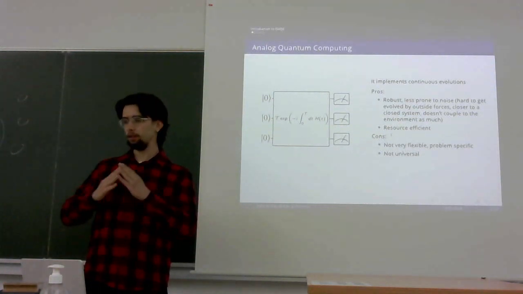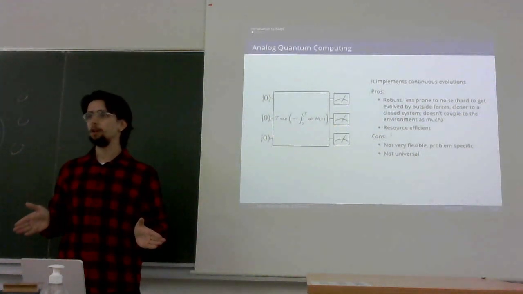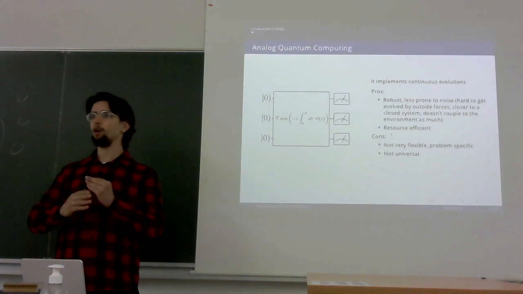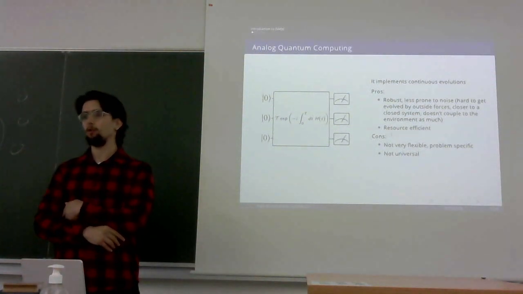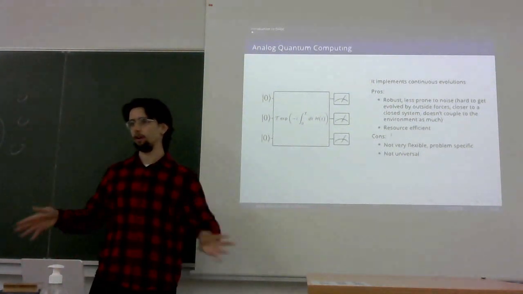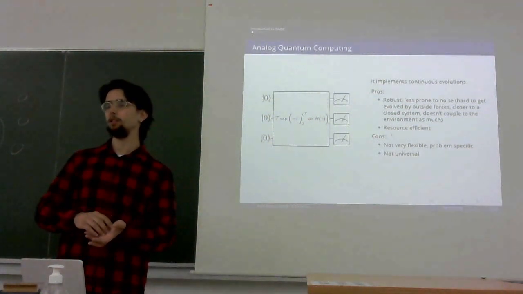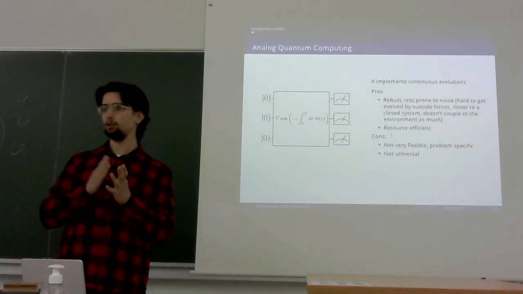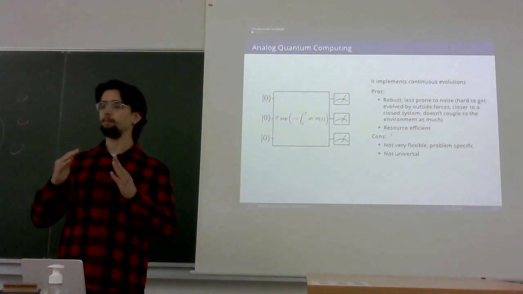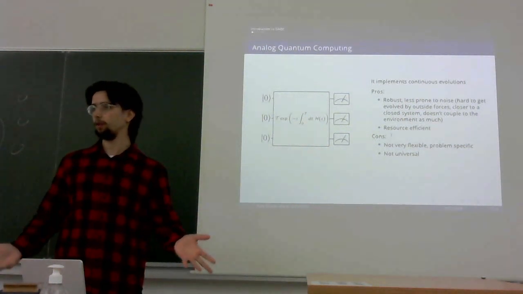If you have, let's say, a specific Hamiltonian, there's not much you can do. To get universality you are going to need a universal set of Hamiltonians. What we mean by universality is that with a finite set of operations, you can develop any kind of computation.